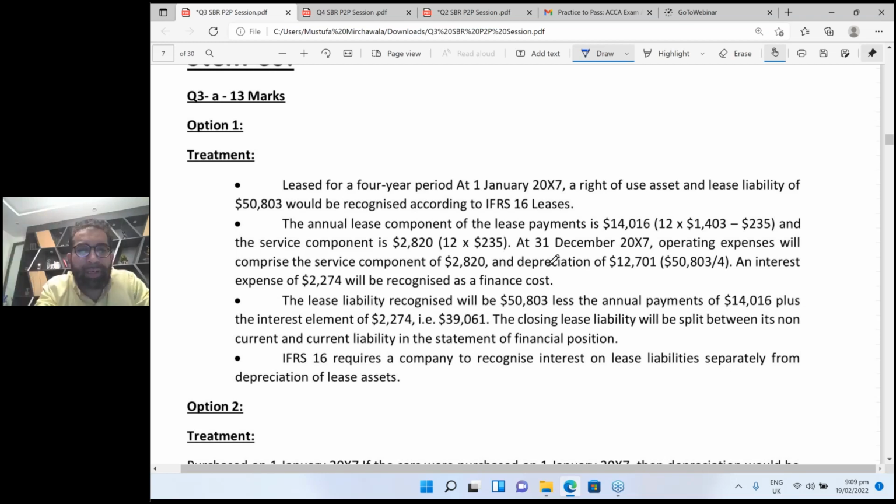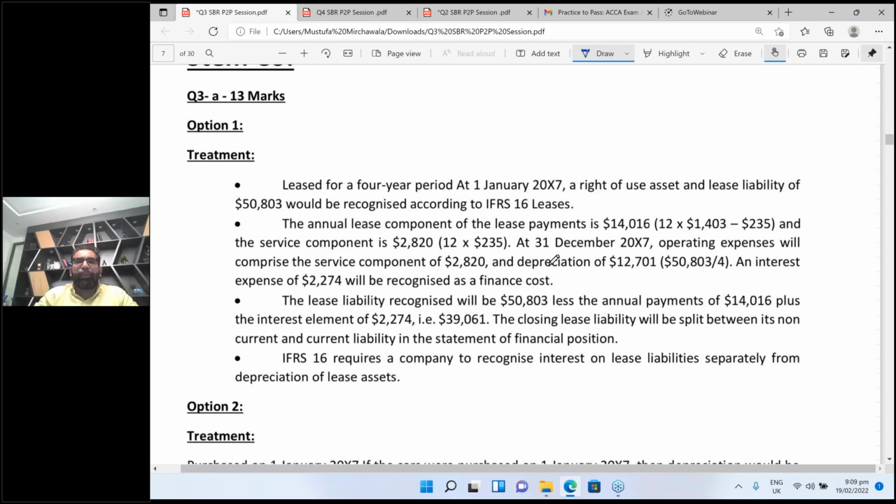And the service component is 2820, which is 12 times 235. At 31st December X7, operating expenses will comprise the service component. Depreciation is also an operating expense, and interest is 2274.